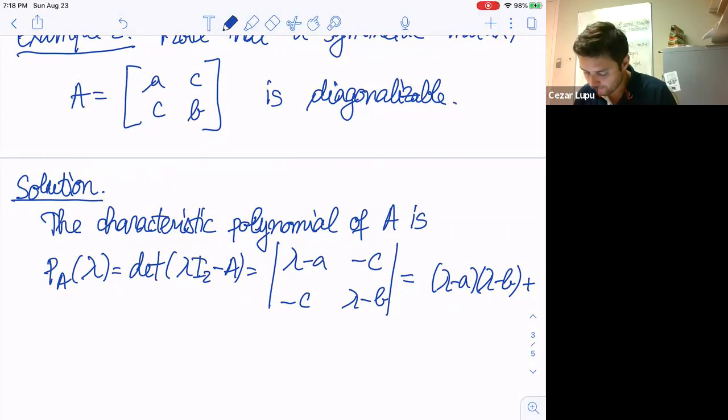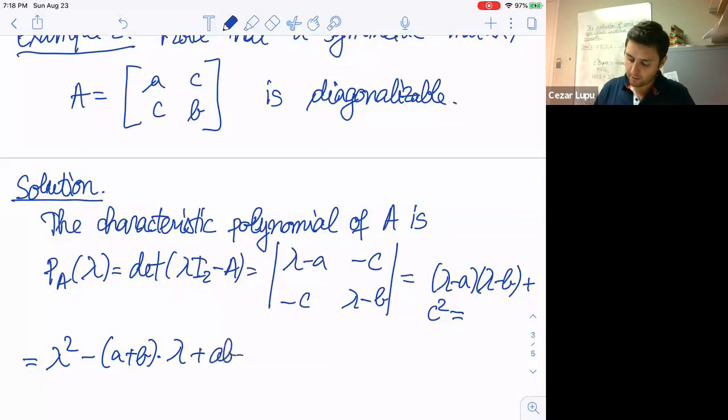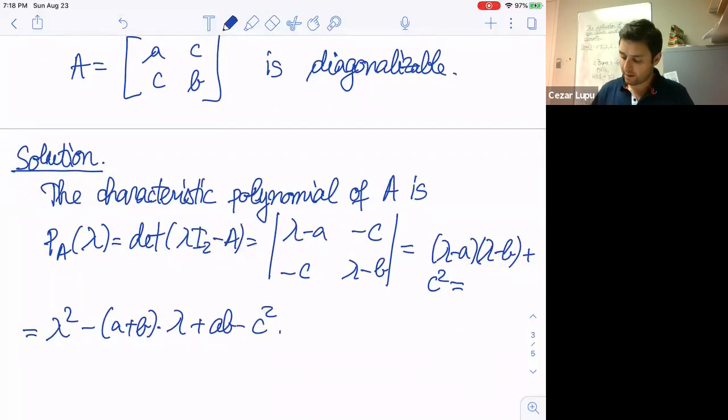And if we do these computations here, it will be a quadratic polynomial. So this will give us lambda squared minus a plus b times lambda plus ab minus c squared. As you can see, the polynomial is quadratic in lambda.